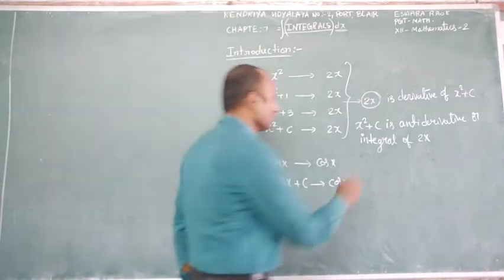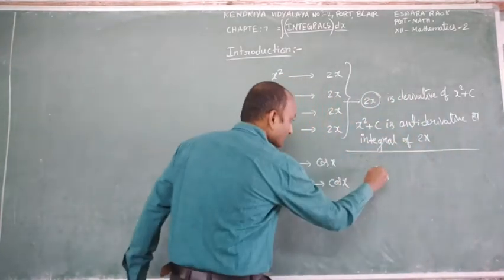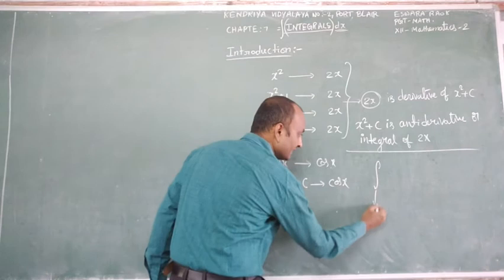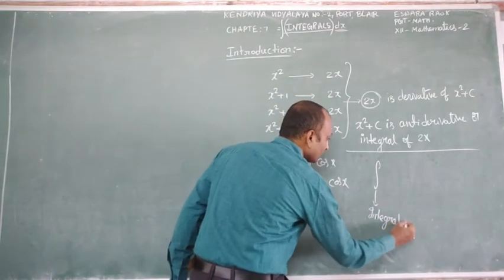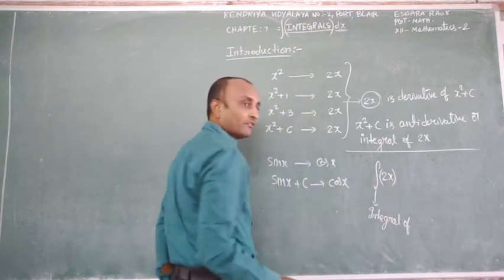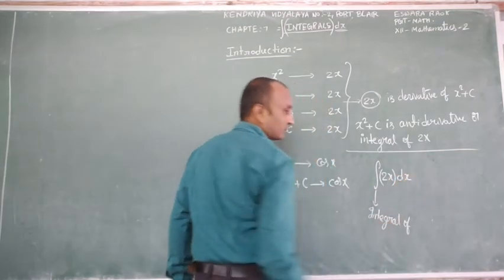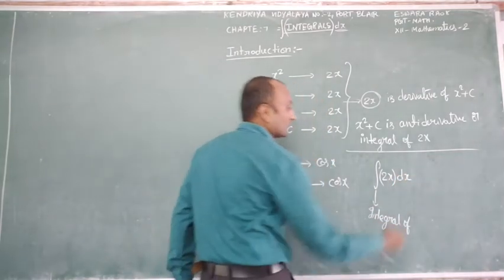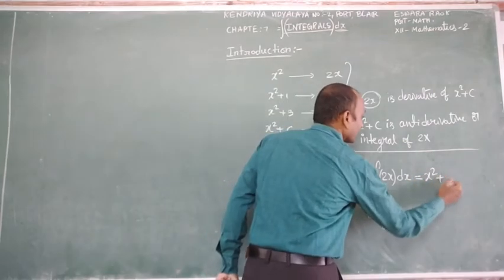So we denote this with a notation. This is the integration symbol, the integral sign. We read it as integral of 2x with respect to the variable x, so it is dx. The integral of 2x dx is equal to x square plus c.